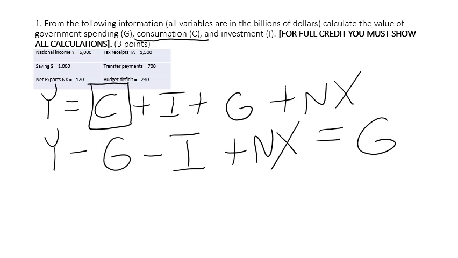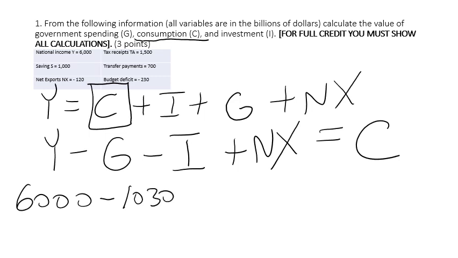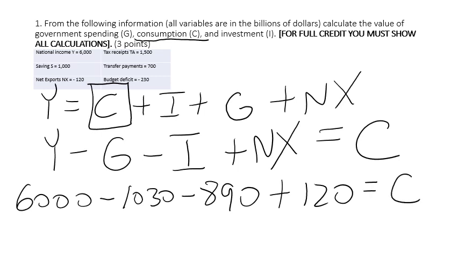All of this is equal to C, consumption. All right, so Y, or GDP, is given to us, 6,000, minus G, we calculated that to be 1,030, minus investment, physical investments, we calculated that to be 890, plus 120 is equal to C. We do the numbers and we get 4,200.